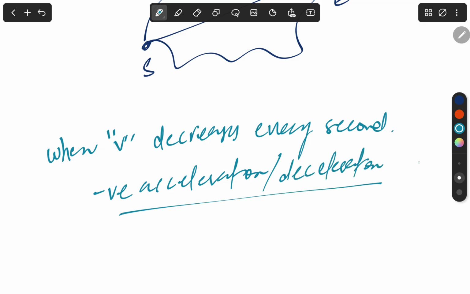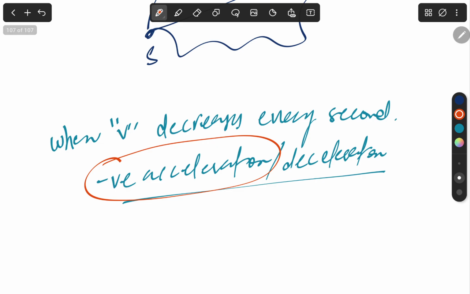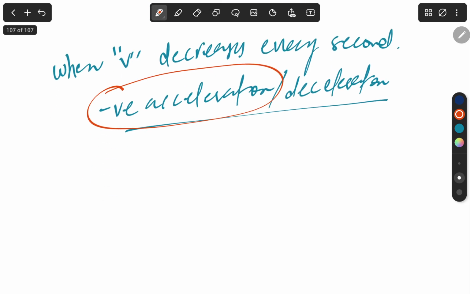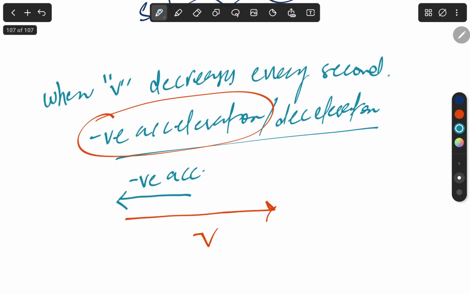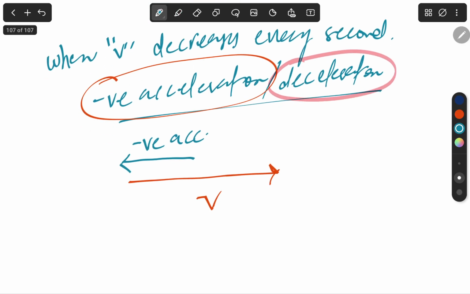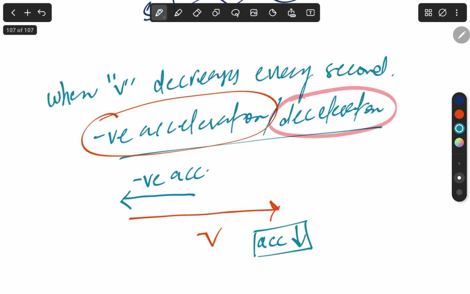Negative acceleration means your acceleration is in the opposite direction to your motion. For example, you're moving in this direction with a velocity v, but your acceleration is in the opposite direction, so that is negative acceleration. The word deceleration means that your acceleration is decreasing.